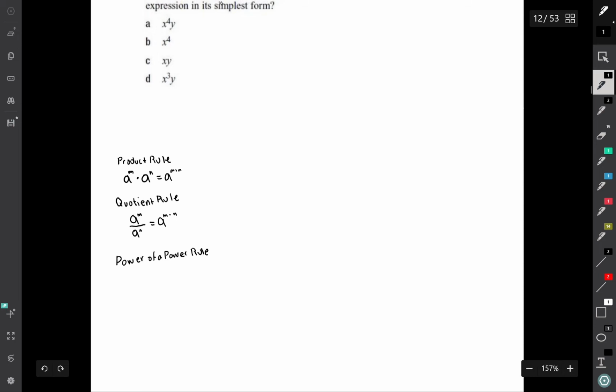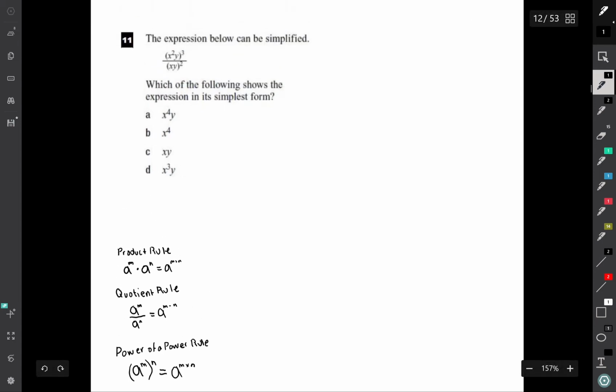And that's when we have a exponent m all to the exponent n. And that simplifies to a exponent m times n. Okay, so that's basically it. A quick review of the exponent laws. So let's get back to the actual question here.